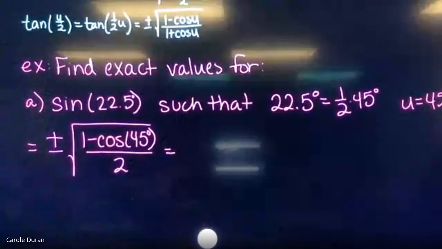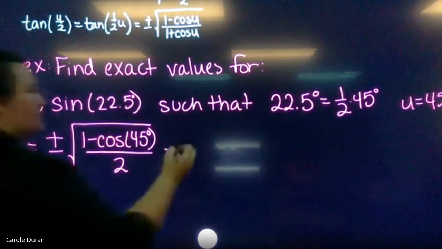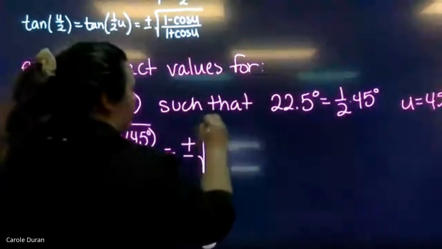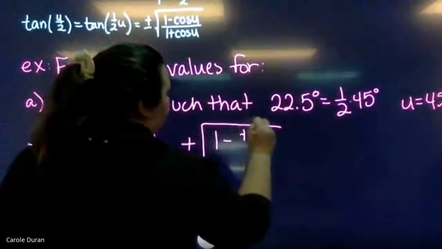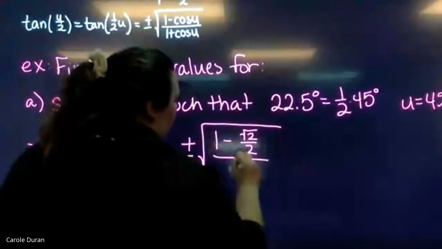And then I will simplify this using values from my unit circle. So the only value I have to replace is cosine of 45 degrees, and what is that equal to? Square root of 2 over 2. So then this is equivalent to the positive and negative square root of 1 minus the square root of 2 over 2, all over 2.